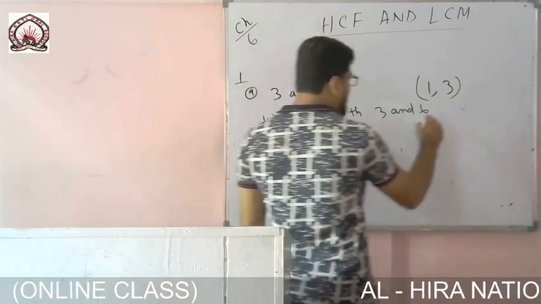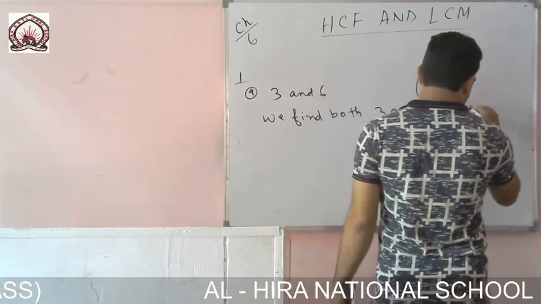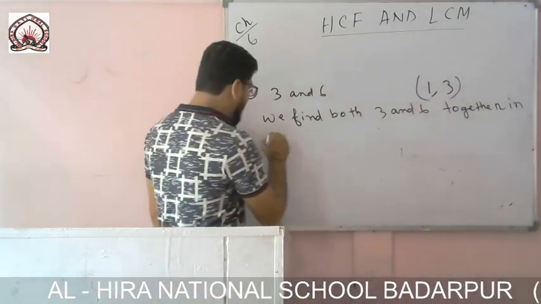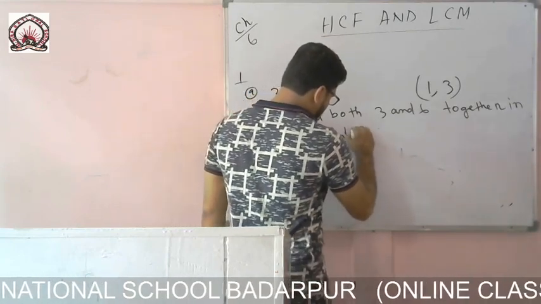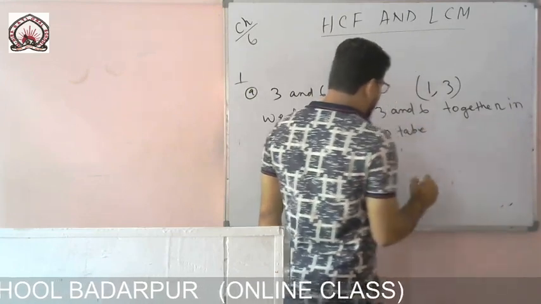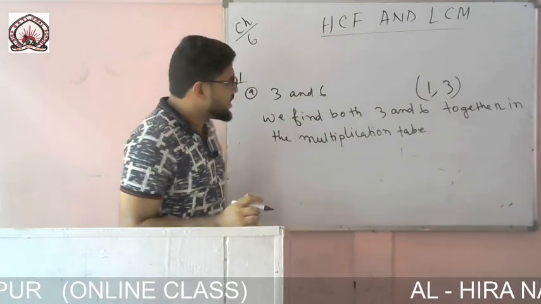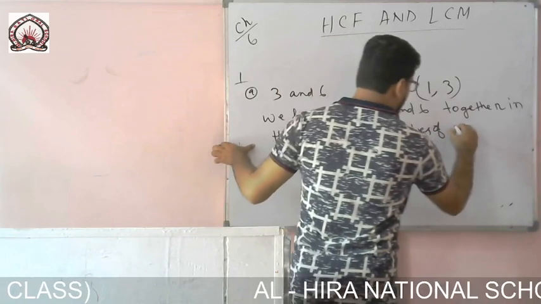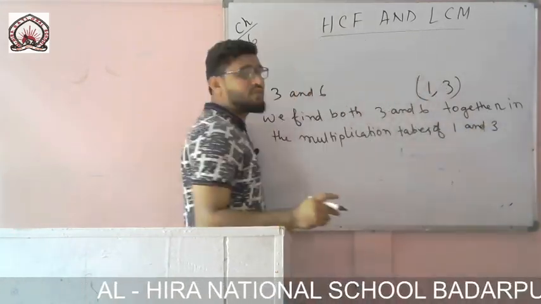We find 3 and 6 together in the multiplication tables of 1 and 3.